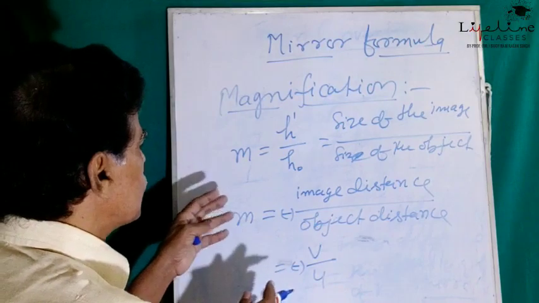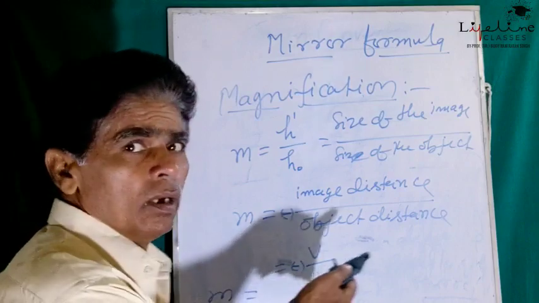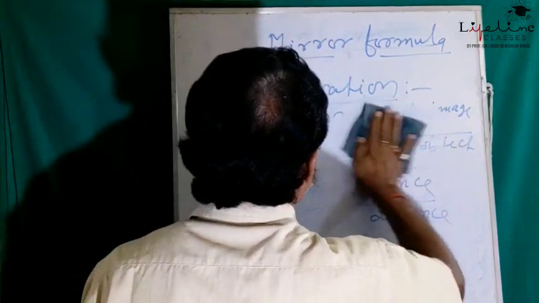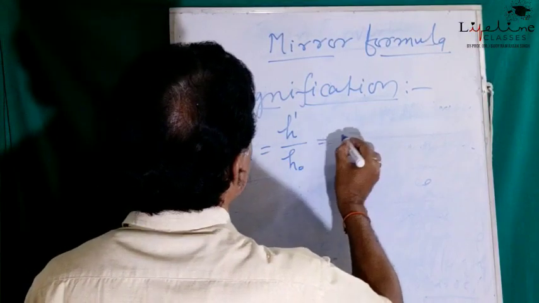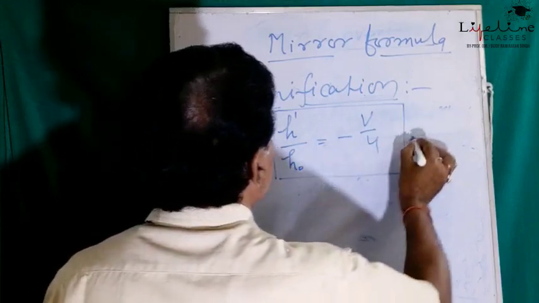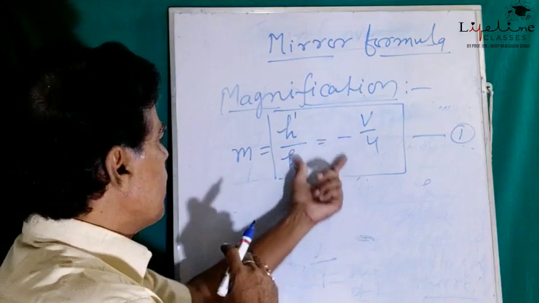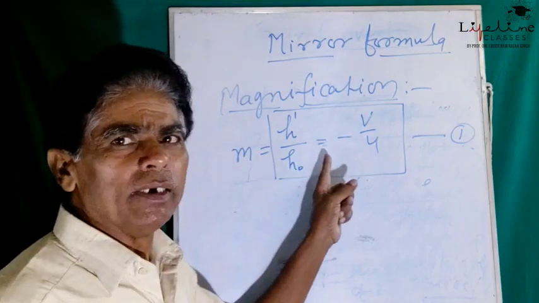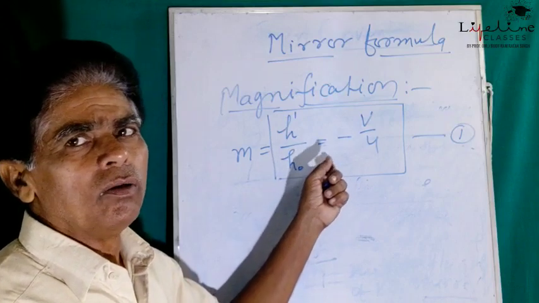So by combining these two, we can write the magnification as m equal to h dash by h equal to minus v by u. So see here, this is another equation in which if out of these four quantities, any three are given, we can find out the fourth one.